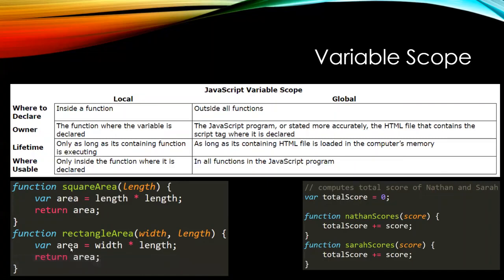These are two completely different variables, even though they have the same name, because they were independently defined inside two different functions that have nothing to do with each other. But total score, because I declared it outside of the functions, I could use anywhere inside all of my functions. If I wanted to modify total score, I could just say Nathan scored or Sarah scored, and add that onto total score, and it would change this global variable.